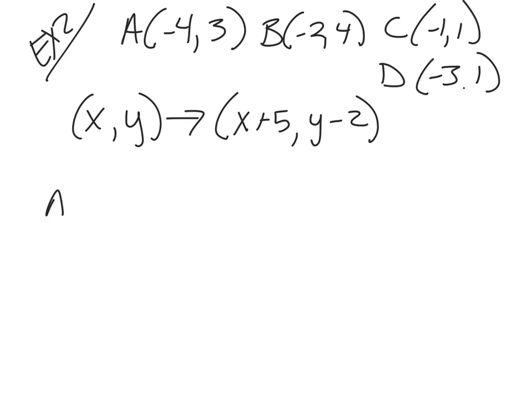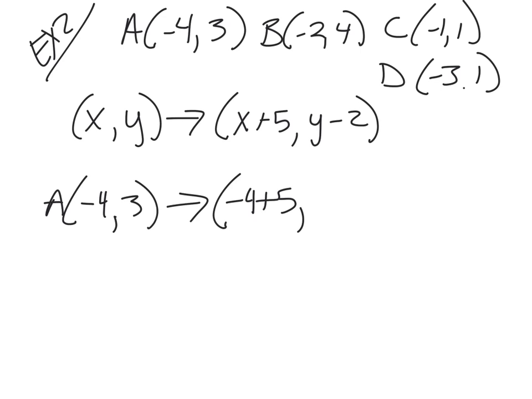So for A, we're starting with -4, 3, right? So to translate that, I'm going to say -4 plus 5 and 3 minus 2, which would be what? 1, 1. Make sense?